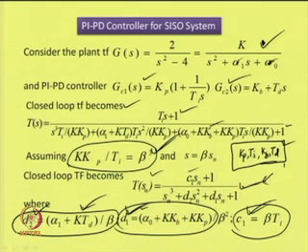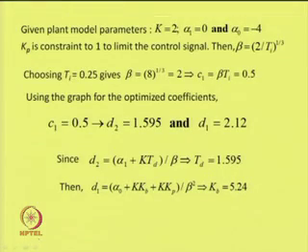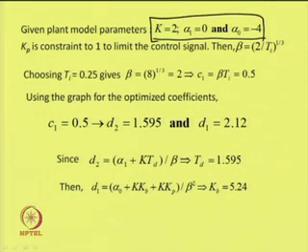Now, let us try to design the controller parameters for a given process model. Given plant model parameters K equal to 2, alpha 1 equal to 0 and alpha 0 equal to -4, an attempt will be made now to design the 4 controller parameters K_p, T_I, K_b and T_D.